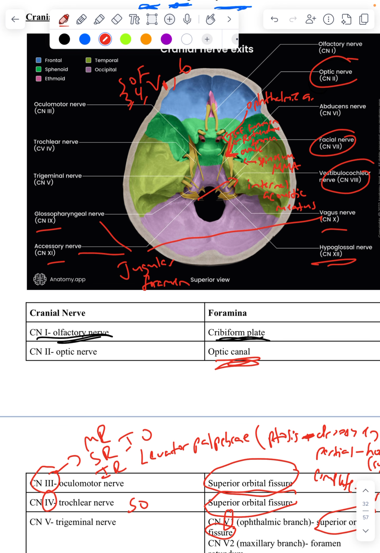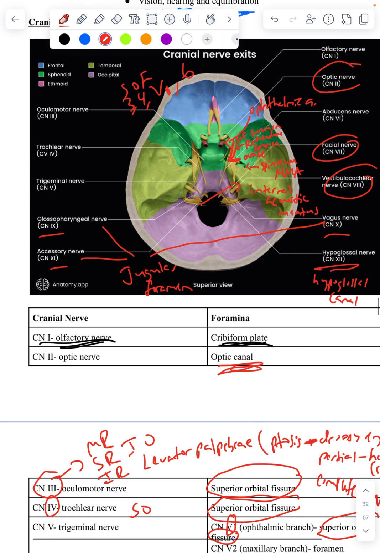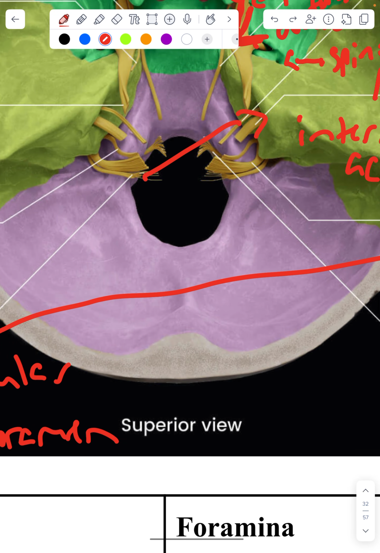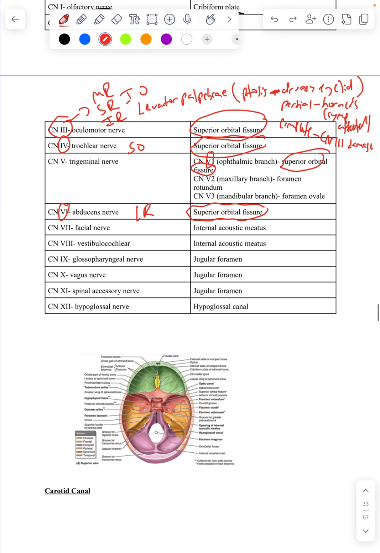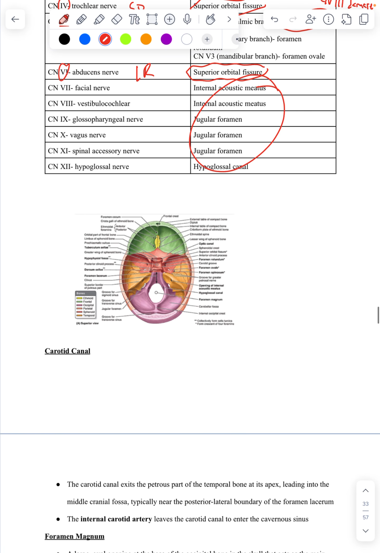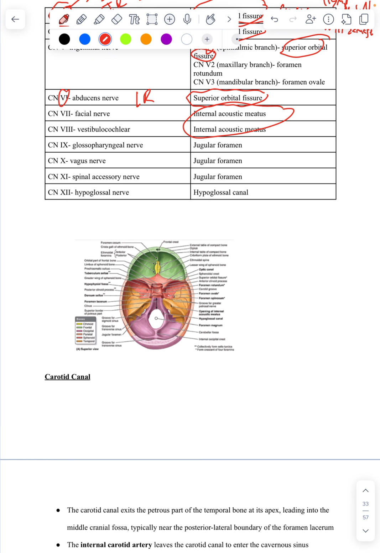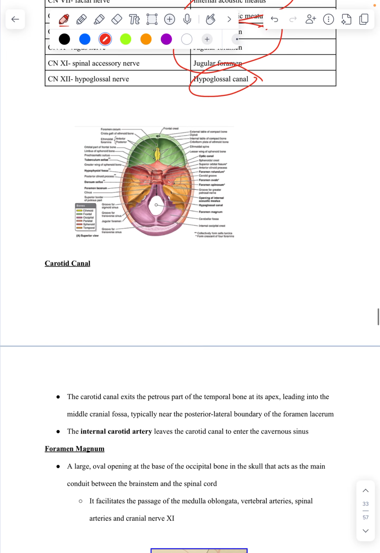And then hypoglossal nerve goes through the hypoglossal canal, which is right before you get to the foramen magnum, so it's more lateral. The whole thing is the foramen magnum, literally big hole, big, magnificent. So you can group them together: these 2 are together, these 3 are together, and that's there.